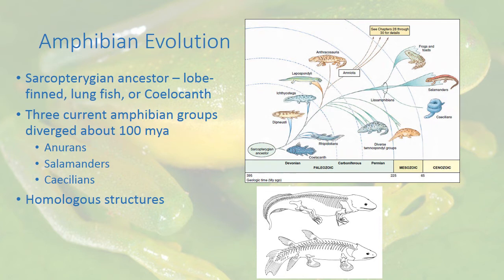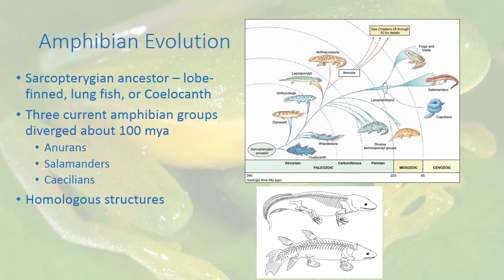So you can see on this diagram here, you've got the sarcopterygian fish, and then there's different branchings that happen along the way. But about 100 million years ago, the lissamphibians diverged into these three groups: the anurans, which are the frogs and toads, salamanders, the caudata, and the caecilians.